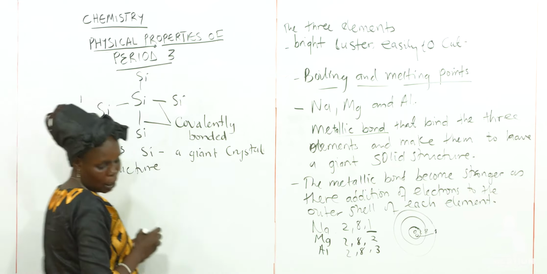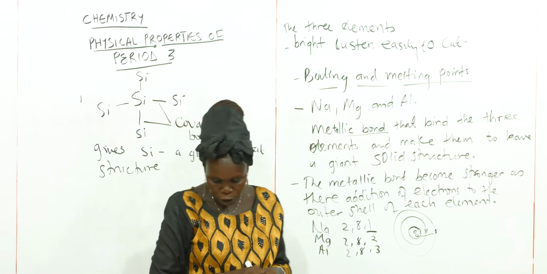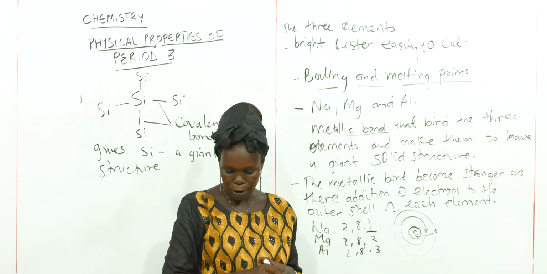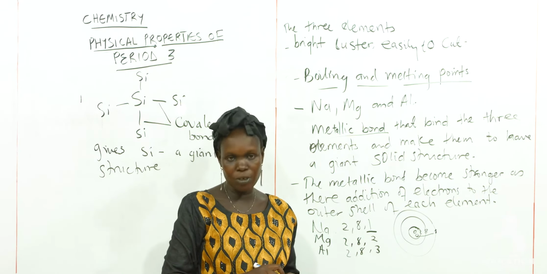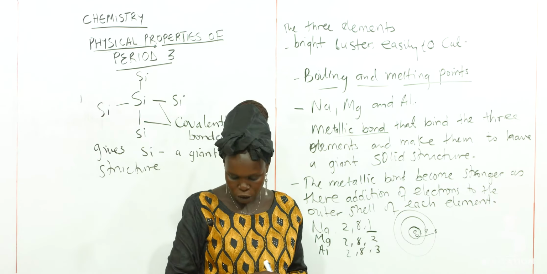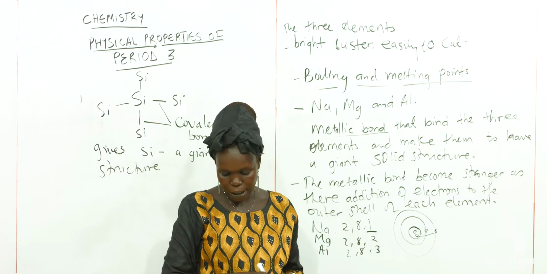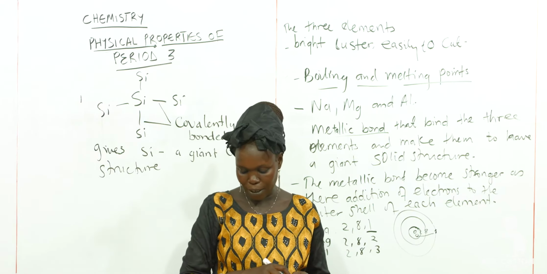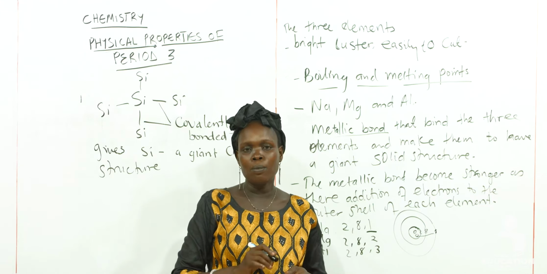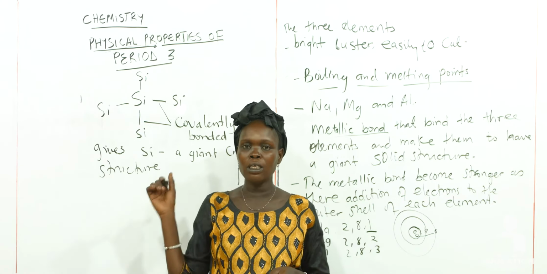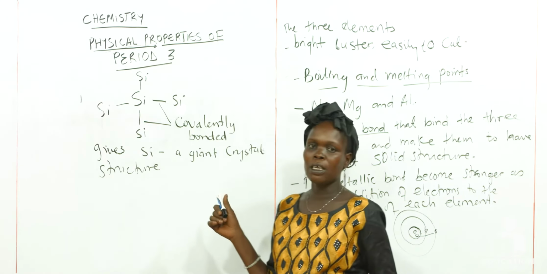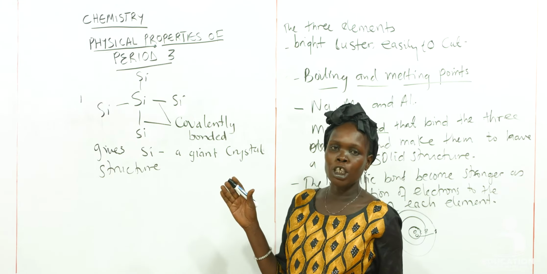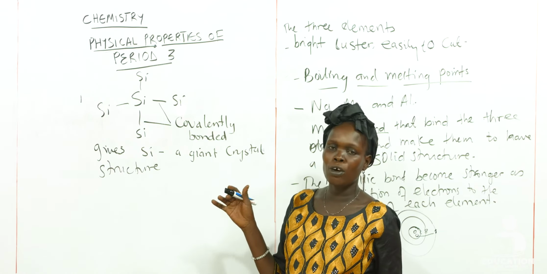So a lot of energy is required to break this structure, hence it has a very high melting and boiling point. For this silicon to break, it needs a high temperature in order for it to boil or to melt.